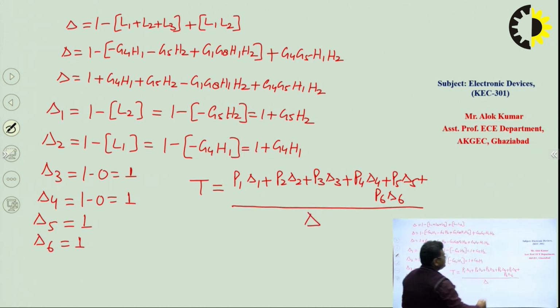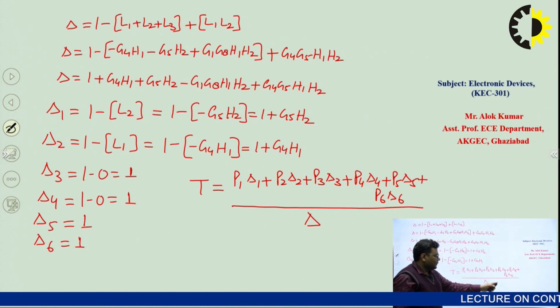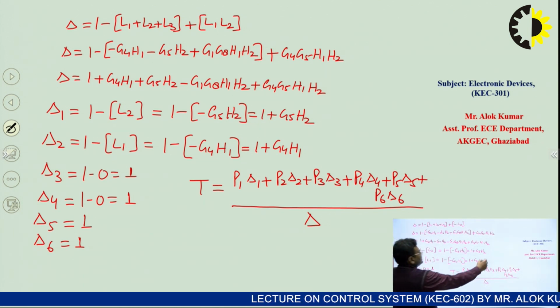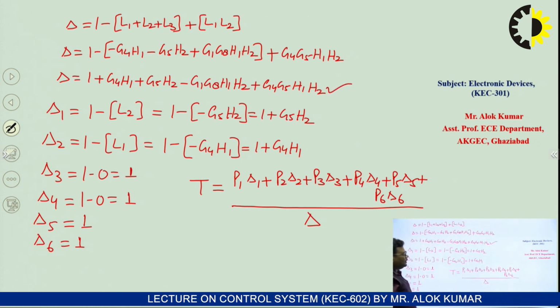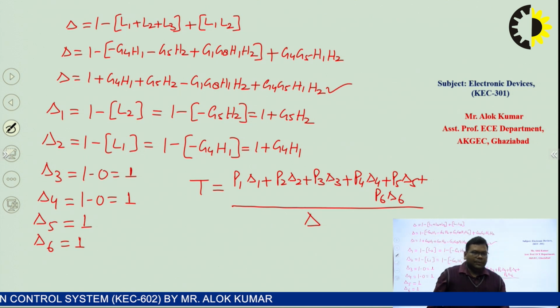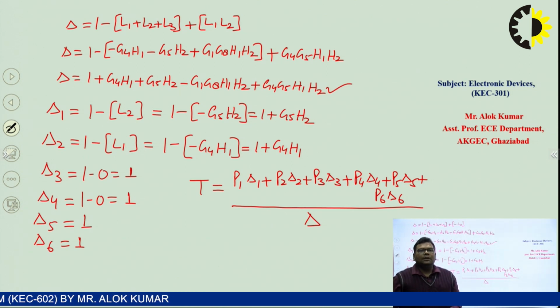All the values we have calculated, so we can simply put here the value of P1 and delta 1, then P2 and delta 2, then P3 delta 3, and similarly up to P6 delta 6, and delta also we have calculated here. If you put this, we will be able to find the transfer function. So this is the way we can solve problems using the Mason gain formula.